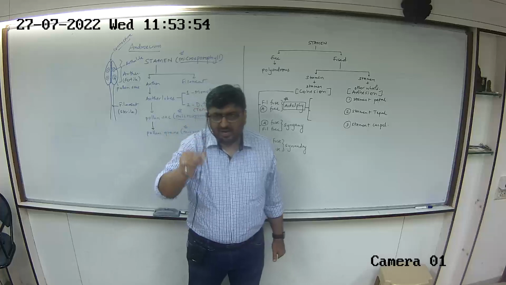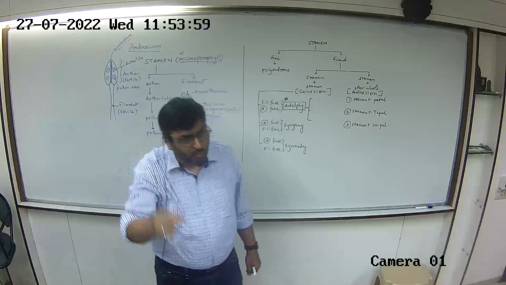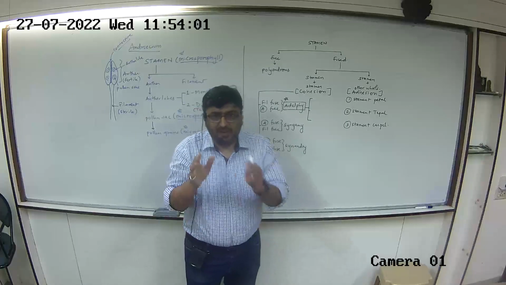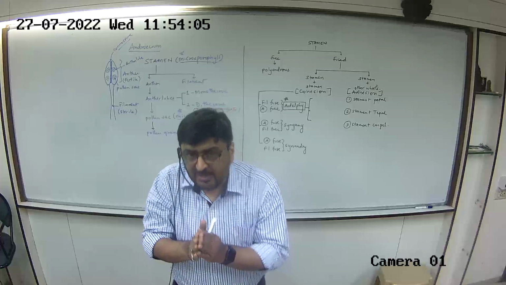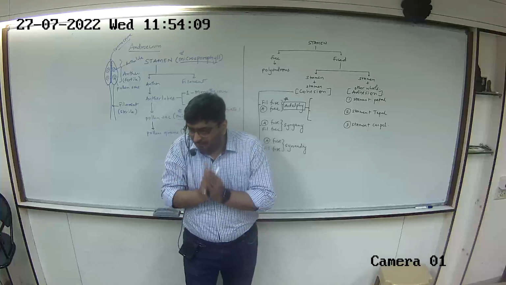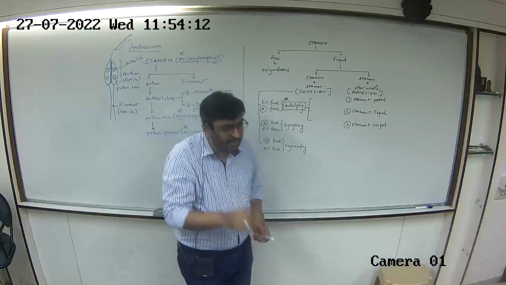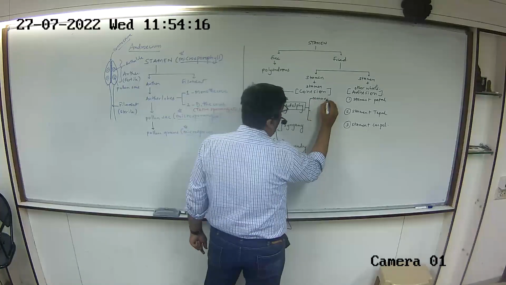So when 100 filaments fuse, will they form a thick tube? Yes, sir. When a single tube is formed, when all filaments fuse to form a single tube, then we can say this is monoadelphous.